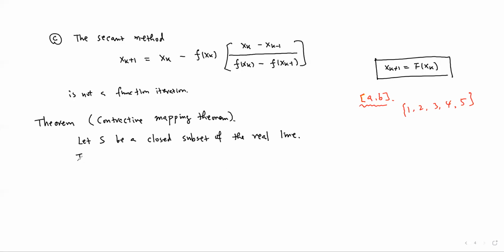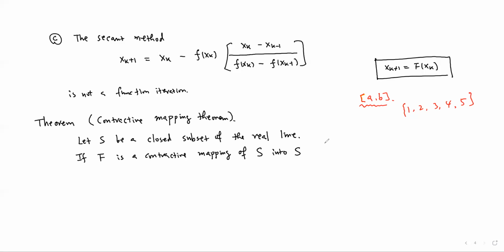If function capital F is contractive, the meaning of contractive is in the definition above, it's a contractive mapping. This mapping maps this subset into the subset itself.